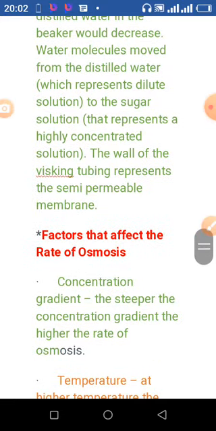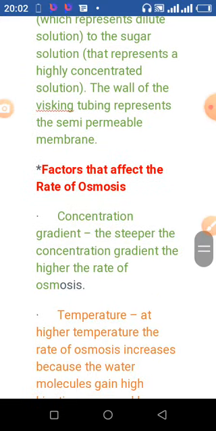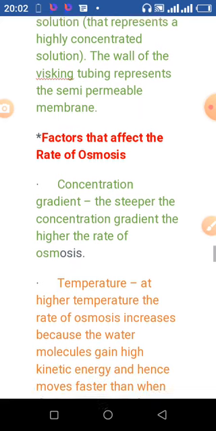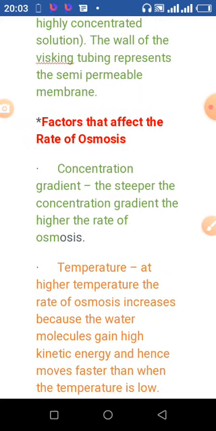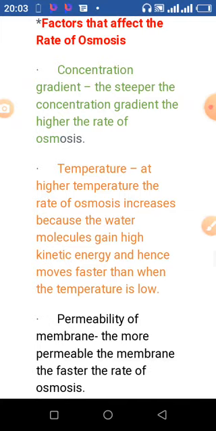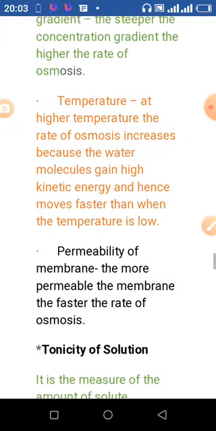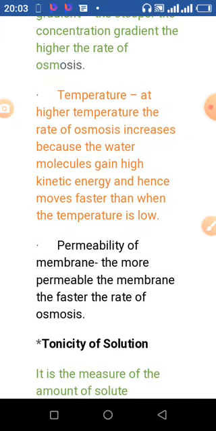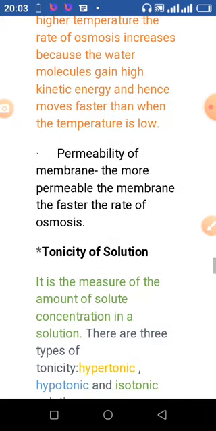These are the factors that affect the rate of osmosis. The first is the concentration gradient: the steeper the concentration gradient, the higher the rate of osmosis. Also temperature: the higher the temperature, the faster the osmosis rate, and vice versa.